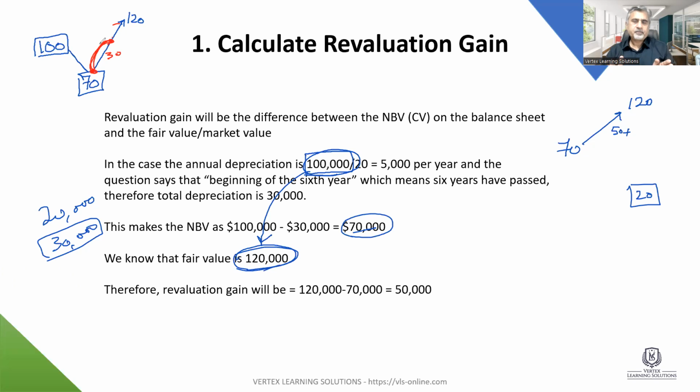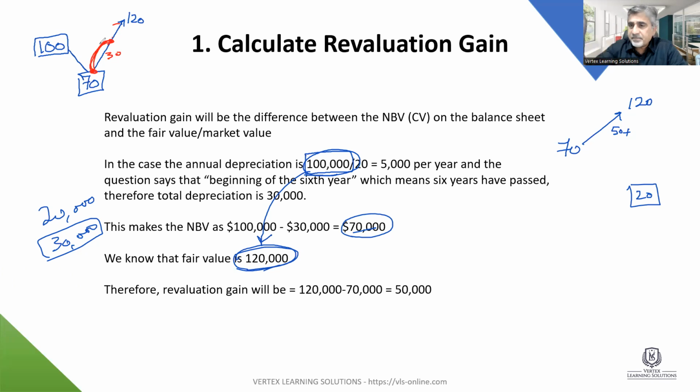You thought that asset is losing 5,000 every year. So in your books, you were decreasing the value of asset by way of depreciation, 100 to 95 to 90, 85, 80, 75, 70, and so on. This is what you were doing sitting in your room under some air conditioner.